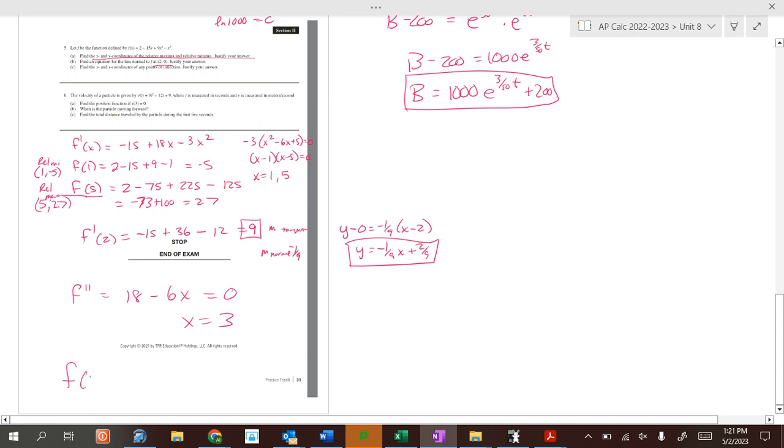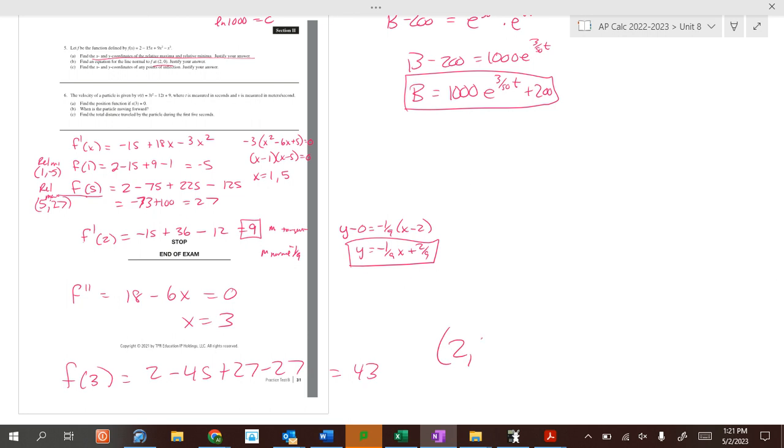So f of 3 equals 2 minus 45 plus 27 minus 27. So it would be at 43. So the x and y coordinate would be... no, 3. Stick a 3 in there. 343. And they get 311, so I didn't make a math error.